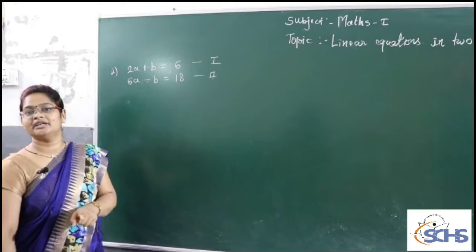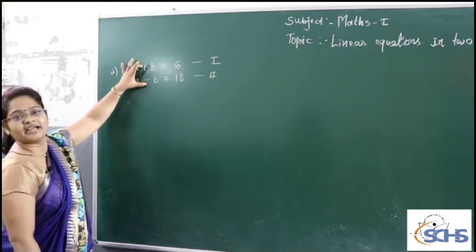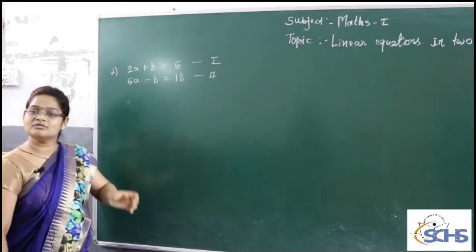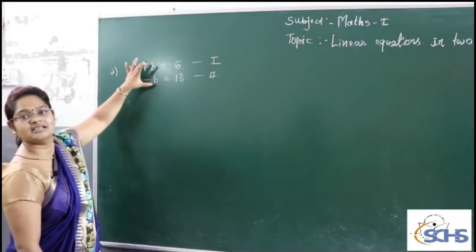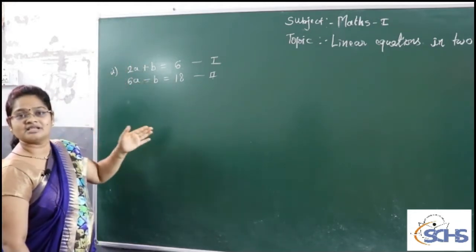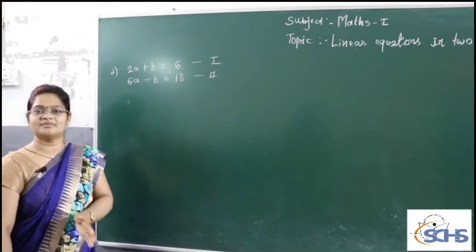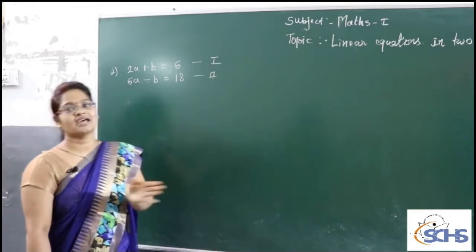To eliminate a variable, the signs of the terms should be either different or the same. If the terms are the same and the signs are also the same, then we will do subtraction. It means same terms subtraction, different terms addition.